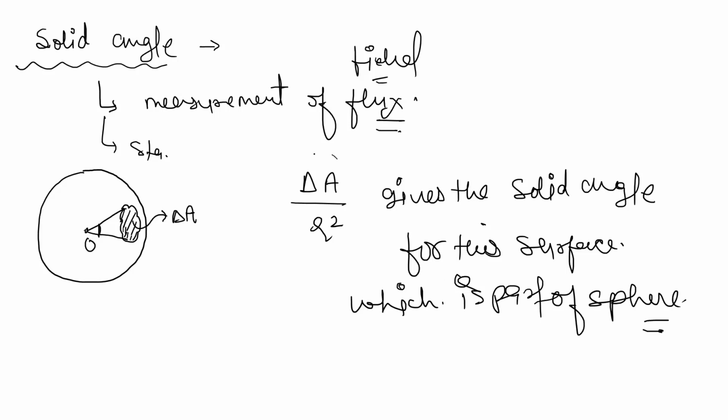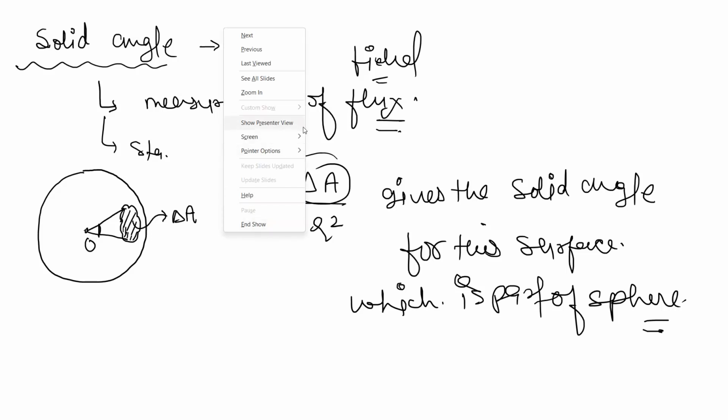The surface area follows the rules of a sphere, and in that condition we define the concept of a solid angle. It's a restriction, because solid angle is defined for a sphere, and radian is defined for plane angle.